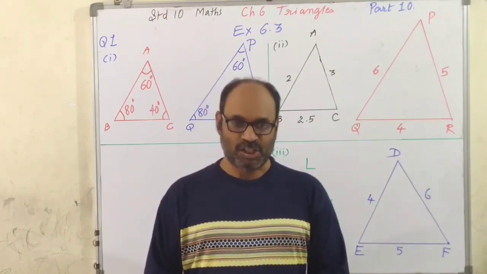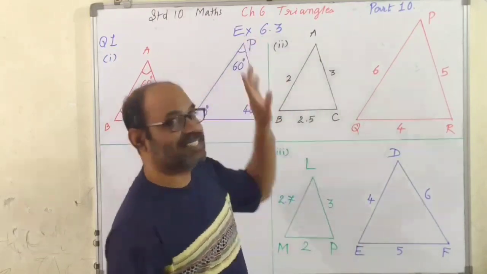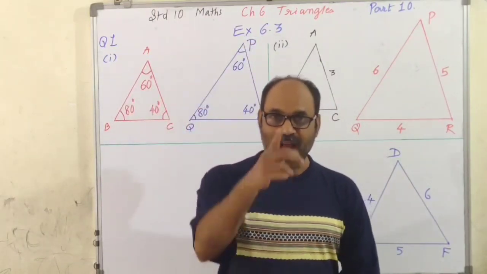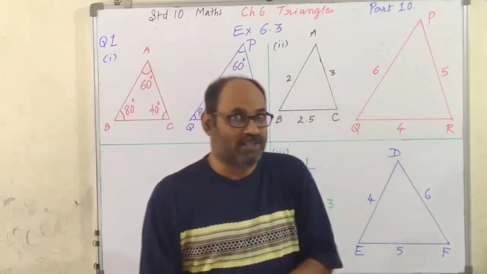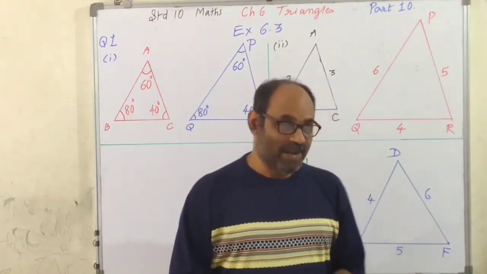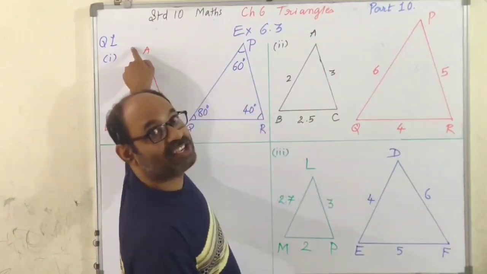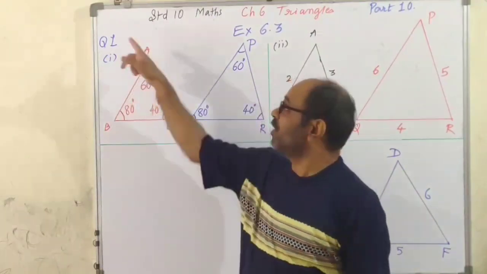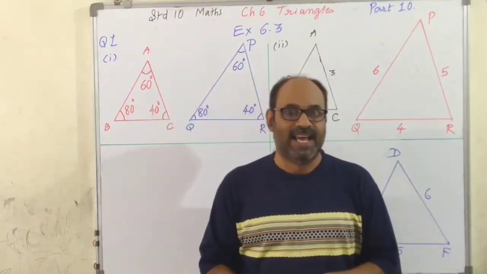Alright, children, we have to see a few illustrations before exercise 6.3. But I am going to solve the first question of exercise 6.3 before solving those illustrations, because this has 6 sub-questions.